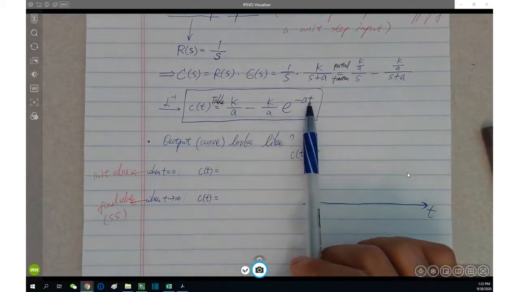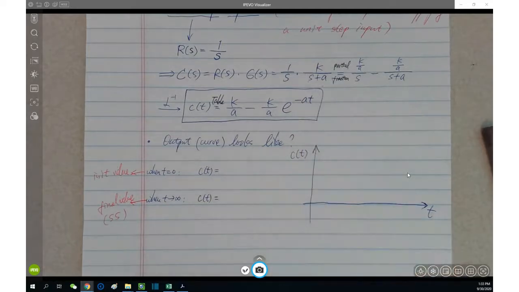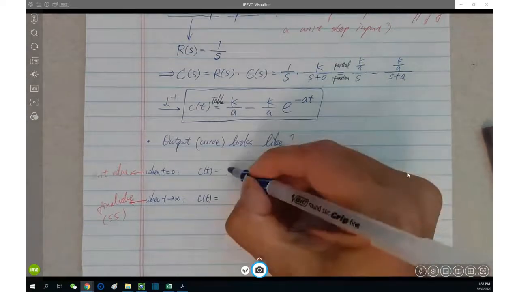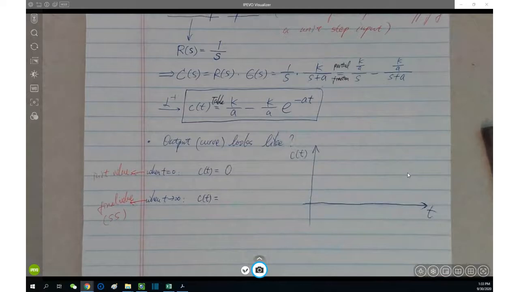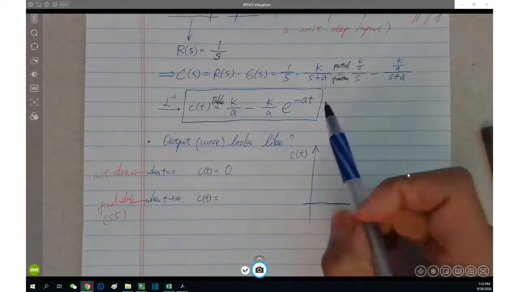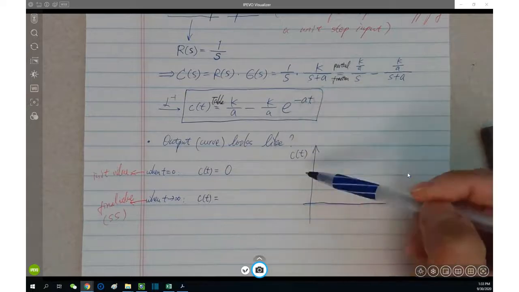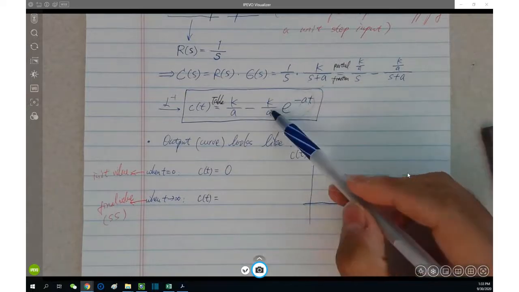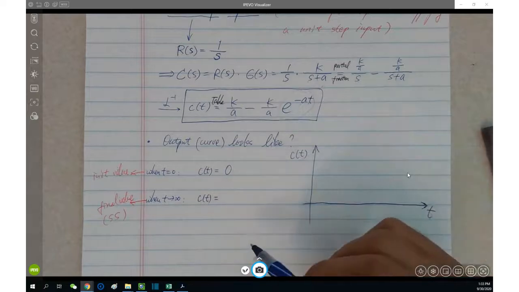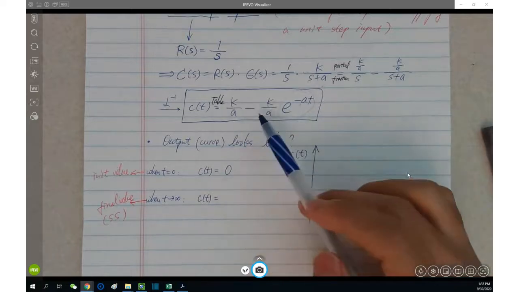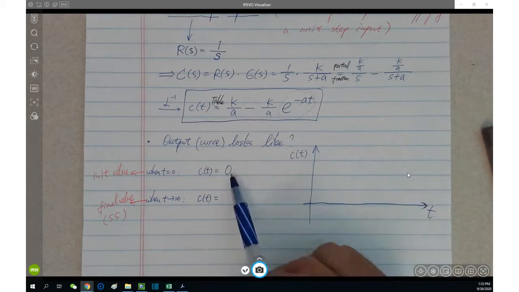If you substitute t equals 0, what do you get? Yes, 0. When t equals 0, this exponential equals 1, so 1 times K over a, and then K over a minus K over a is 0. The initial value is 0.